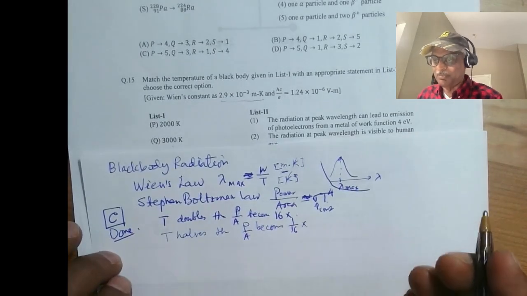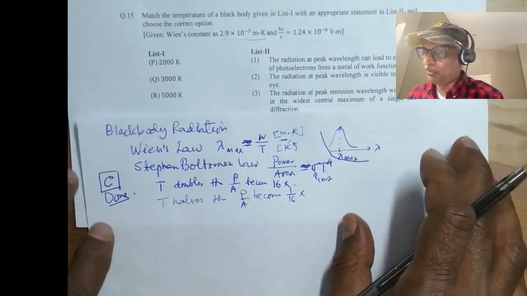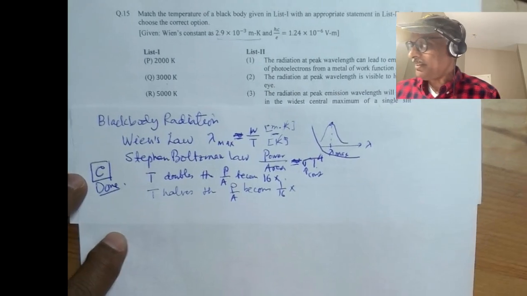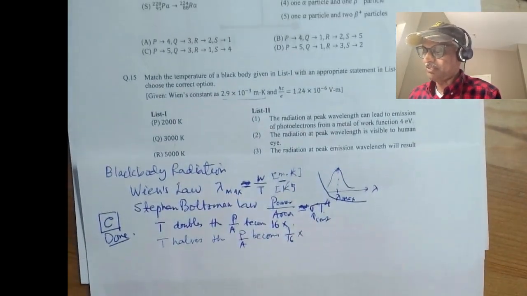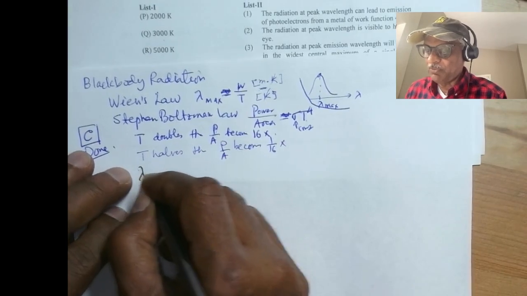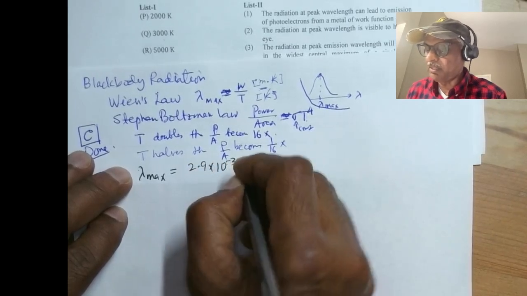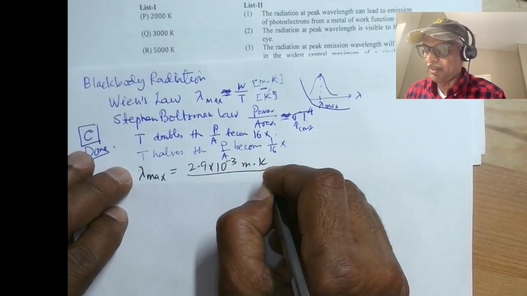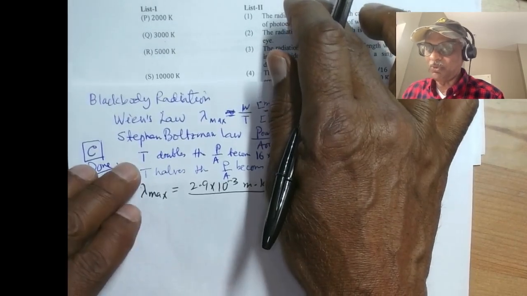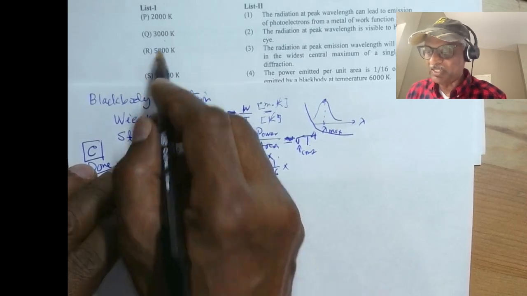Okay, I'll move on to another problem, but just for the sake of some of you, because they've given the Wien constant, we might as well work it out. Radiation peak wavelength is visible to the human eye. So I want to figure out lambda max, where the Wien constant is 2.9 times 10 to the power minus 3. The problem is we would have to work out all 4 temperatures if we don't have a clue. But if we have a clue, I'm just checking with 5,000.